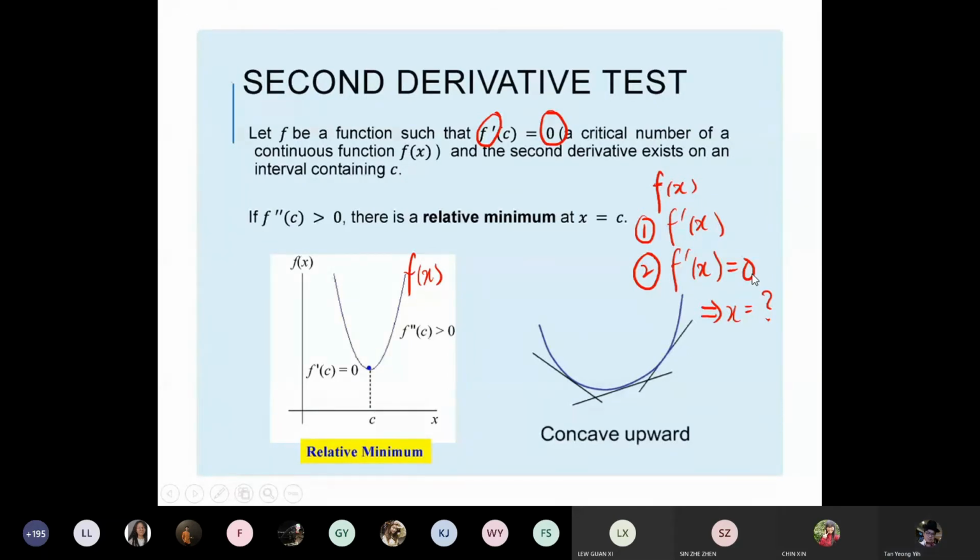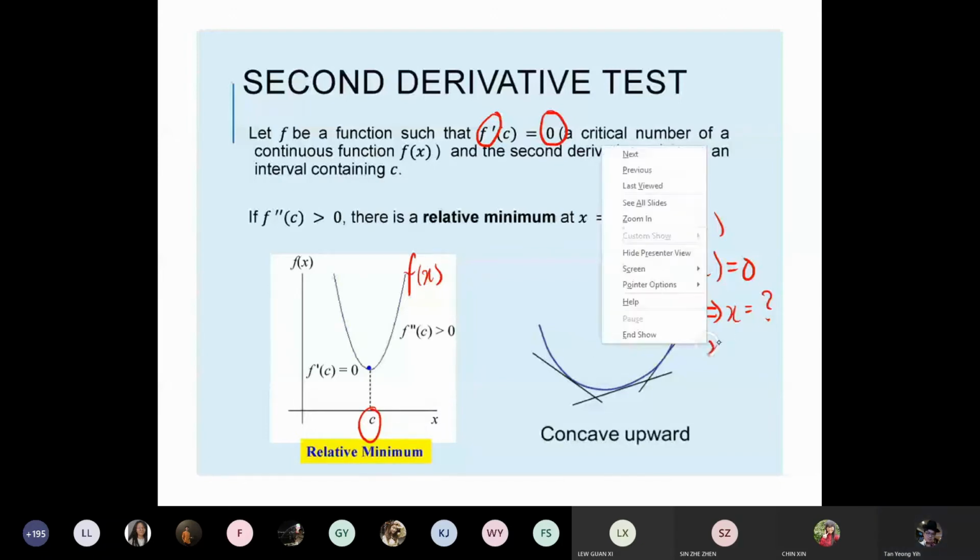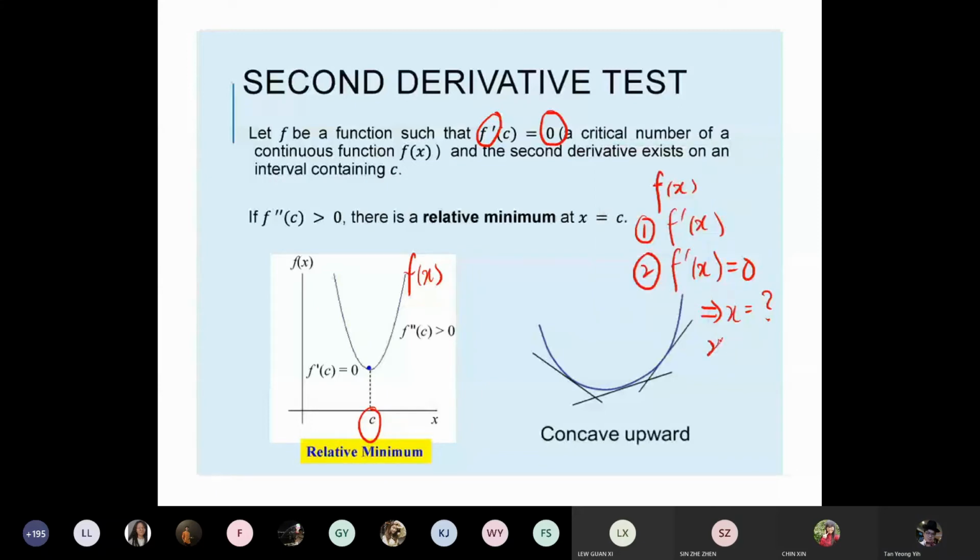After we have the x, we know this point. Let's say the x is c. At this point, we know it is a turning point or stationary point, but we don't know whether this point is a maximum point or minimum point.